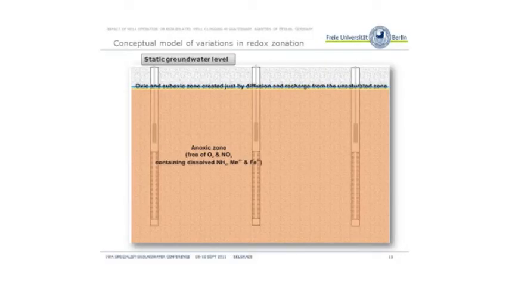So at the beginning we have static groundwater level and conditions in the aquifer. We have only a thin oxic and suboxic zone which is created by diffusion from the unsaturated zone. We have a thick anoxic zone free of oxygen and nitrate but containing dissolved ammonium, manganese and iron.